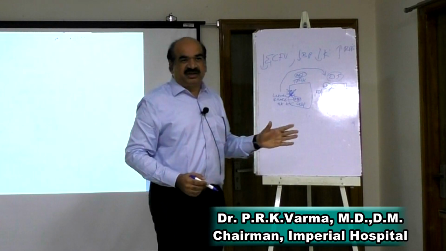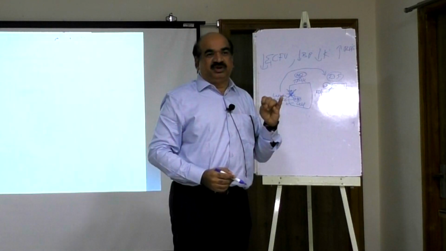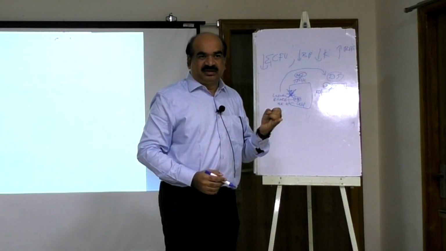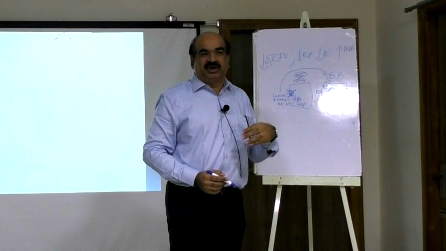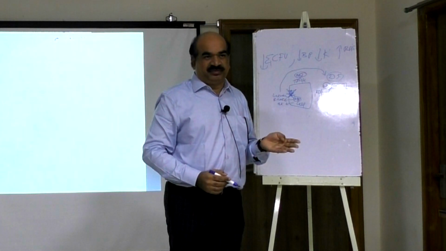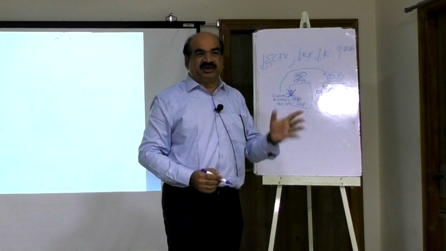So, the first category is extracellular fluid volume contraction, normal BP, hypokalemia, hyperreninemic hyperaldosteronism, high renin and aldosterone action.